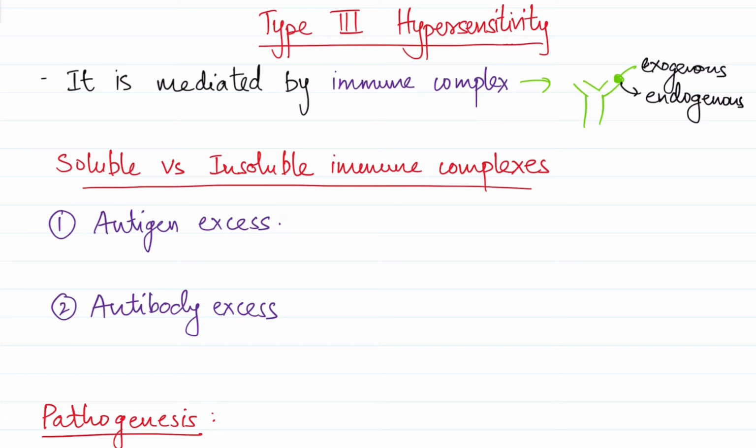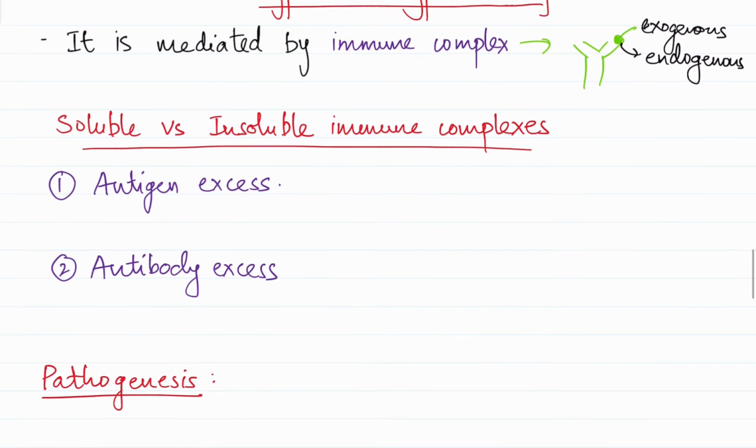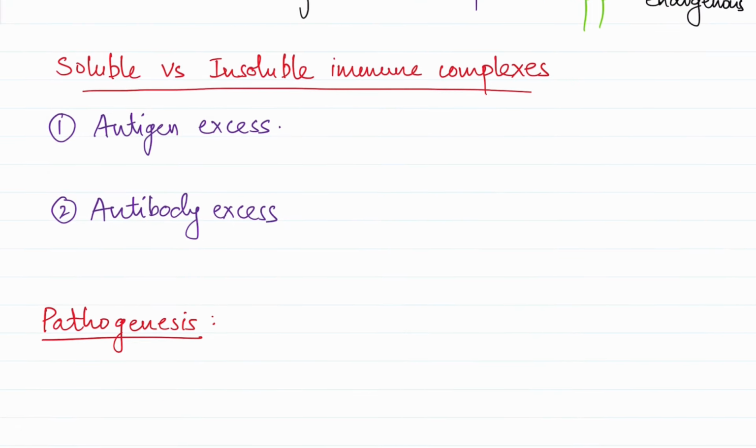These immune complexes could be formed by two mechanisms. Either the antigen is excessive or the antibodies are excessive. If the antigens are excessive, the complexes formed are usually small, and when these complexes are small, they are soluble. We know that smaller things are more soluble than larger things in general.